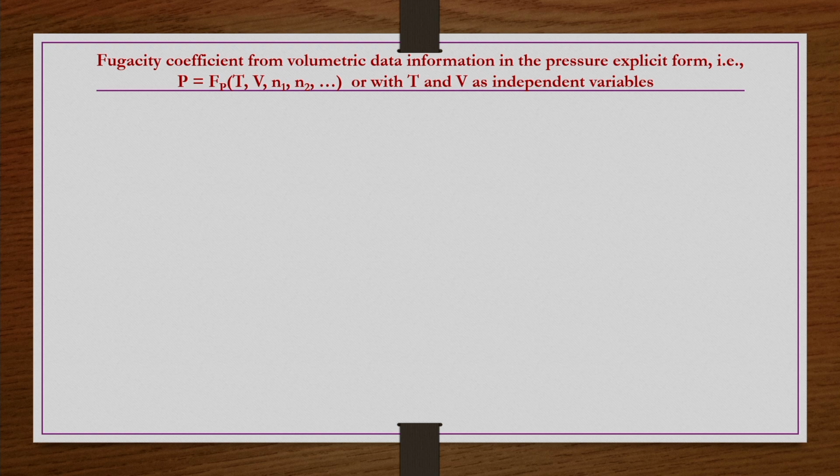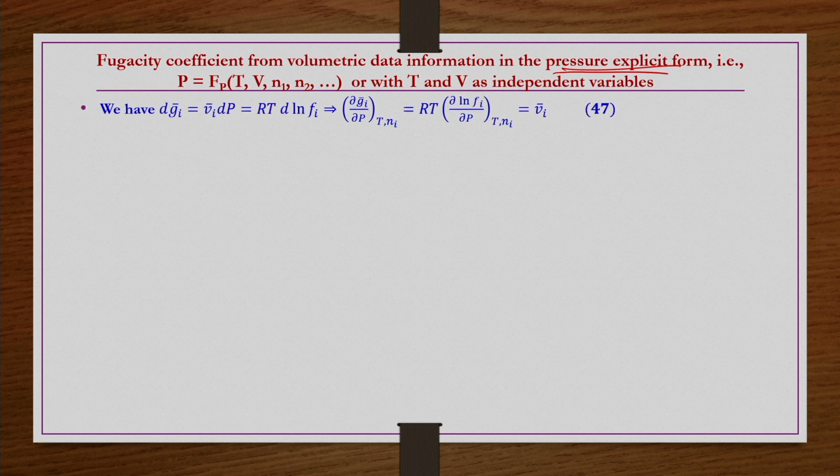Fugacity coefficient from volumetric data in the pressure explicit form. This is important; the previous one was the volume explicit form. In the pressure explicit form, that is, P as a function of T, V, N1, N2 and so on are known, or as temperature and volume are independent variables, then what is the fugacity coefficient phi_i? That is what we are doing.